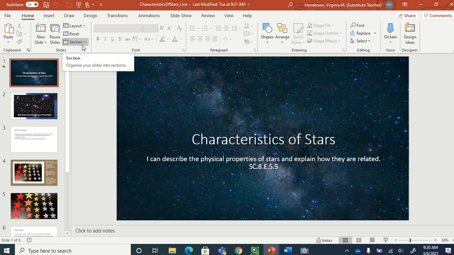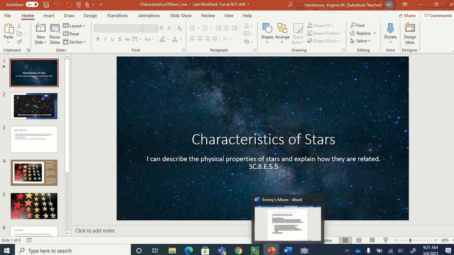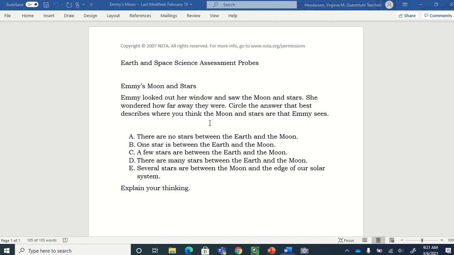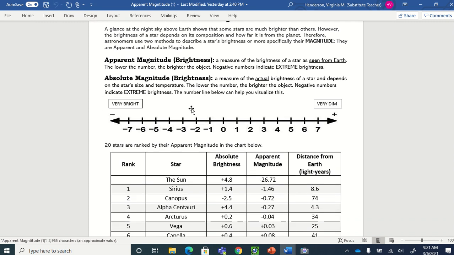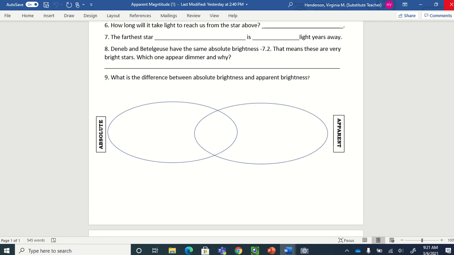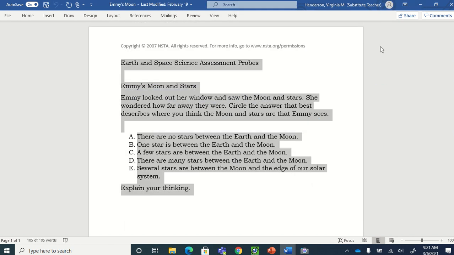So we did this little blue piece of paper that you guys should have gotten when you were on Teams. And it is called The Characteristics of Stars that I put inside star magnitude. There it is. So this is what it is. This is one of the ones we worked with.